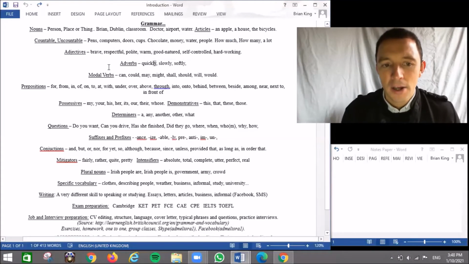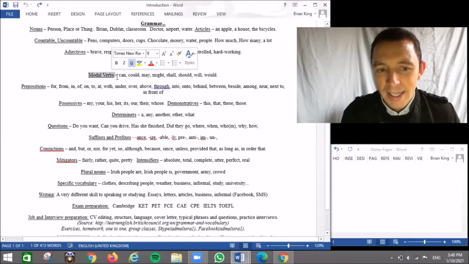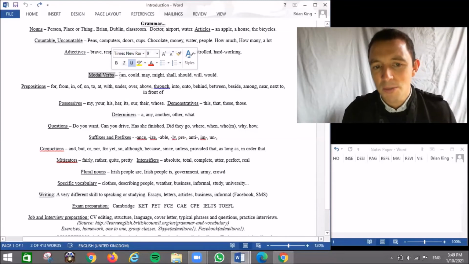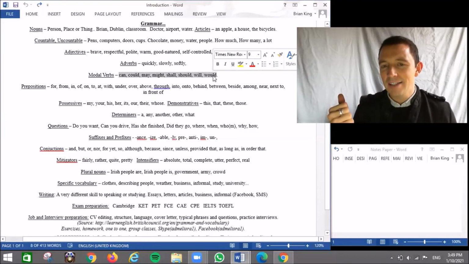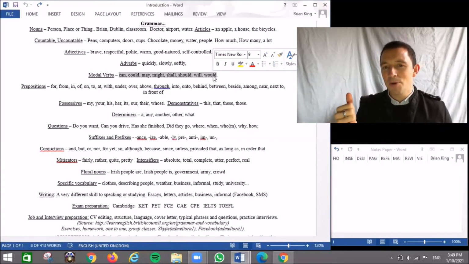Okay. Modal verbs, muy importante. También tenemos en inglés muchísimos, sobre 10 modal verbs. Están muy importantes. Por ejemplo, can, could, may, might, shall, should, will, would. En español creo que solo tienes casi uno. Por ejemplo, deber. Okay. Y in English tenemos can.